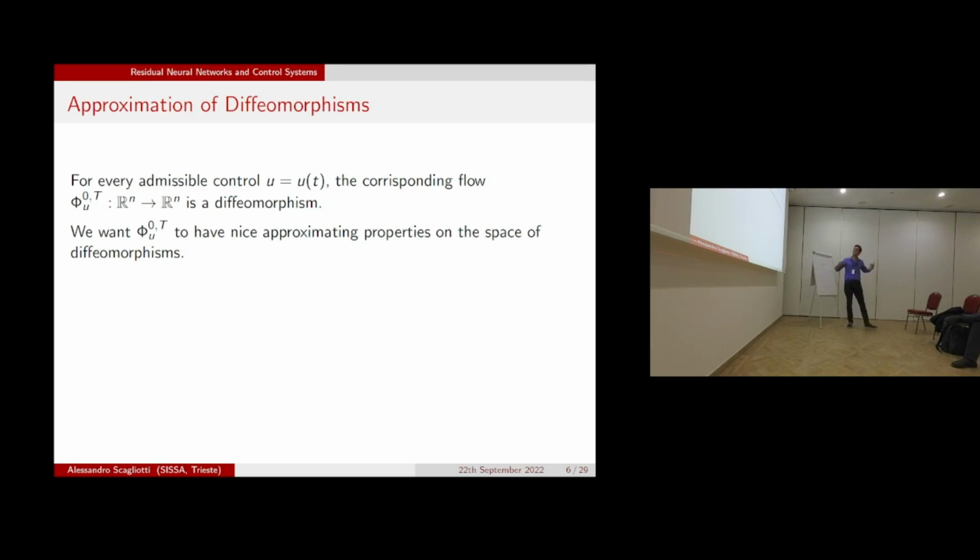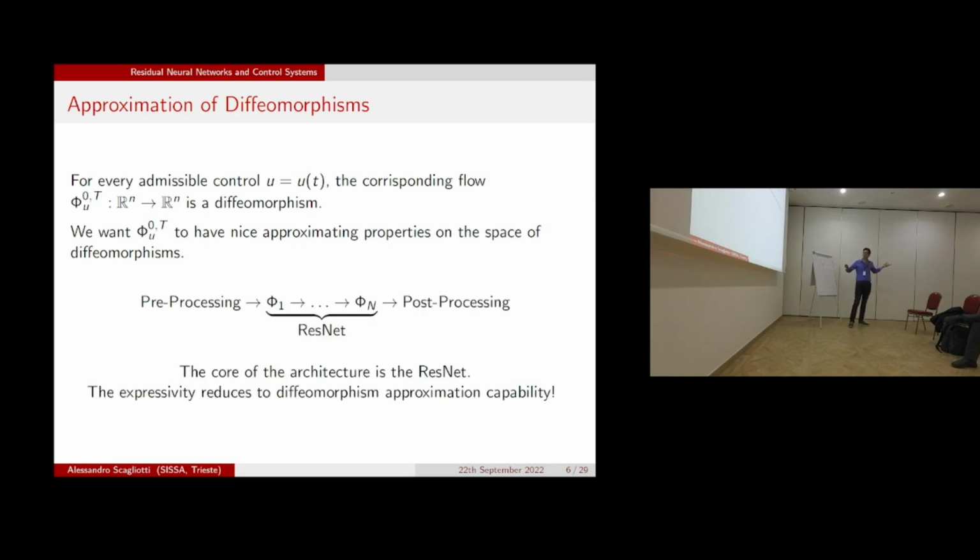It means that it has nice approximating properties in the space of all diffeomorphisms. Okay, if that is actually the case, then our ResNet will automatically inherit this expressivity, because the ResNet is as expressive as the control system, up to the discretization error introduced by the explicit ResNet.